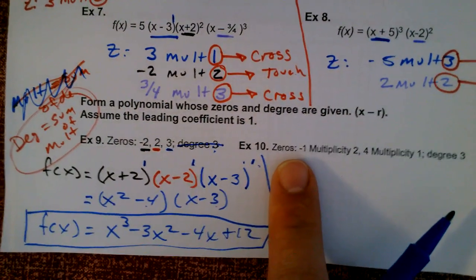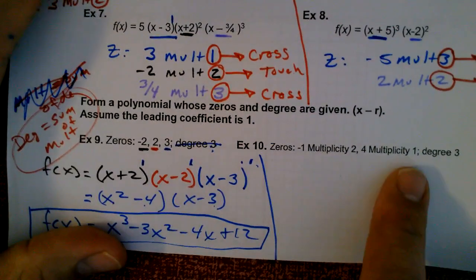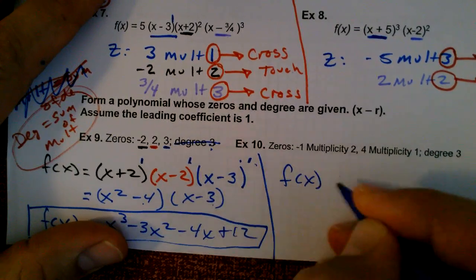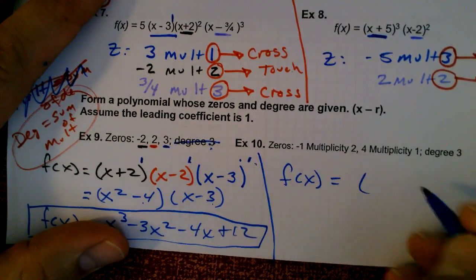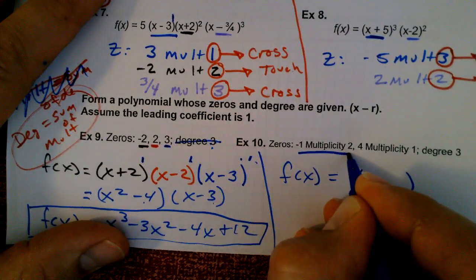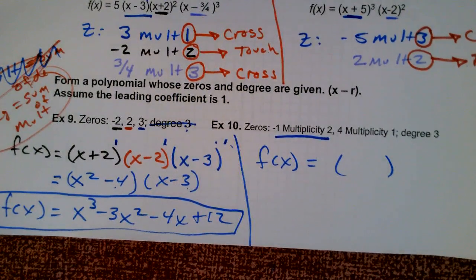All right, let's try this here. I've got zeros of -1 with a multiplicity of 2, and 4 with a multiplicity of 1, with the degree 3. All right, so let's get it started. So the first one I'll do in blue, -1 multiplicity of 2. So what is that going to look like? What do we got here?